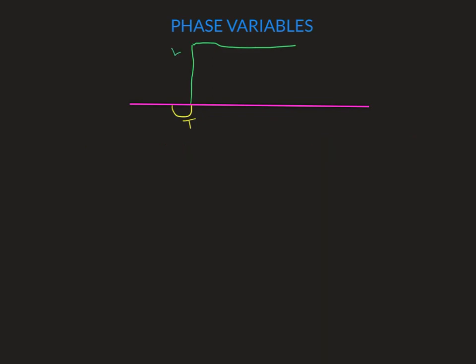The next phase variable is going to be cycle, and cycle ends inhalation. On the IPPB, this is patient controlled.